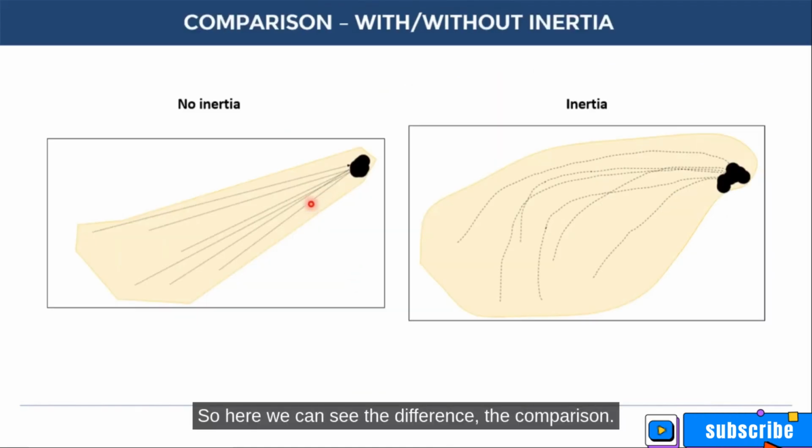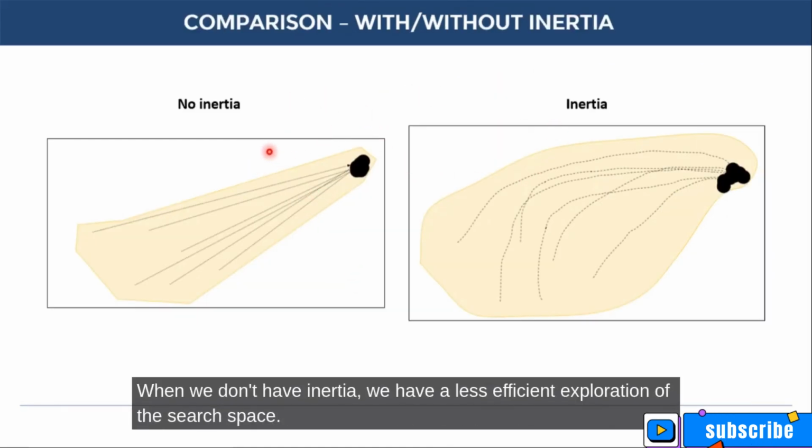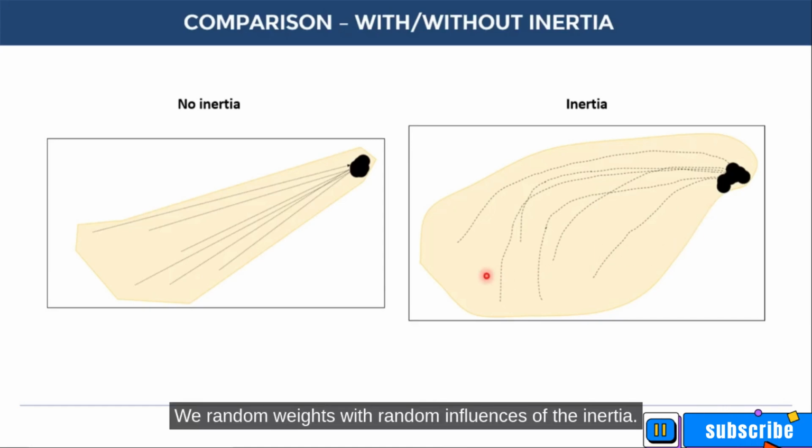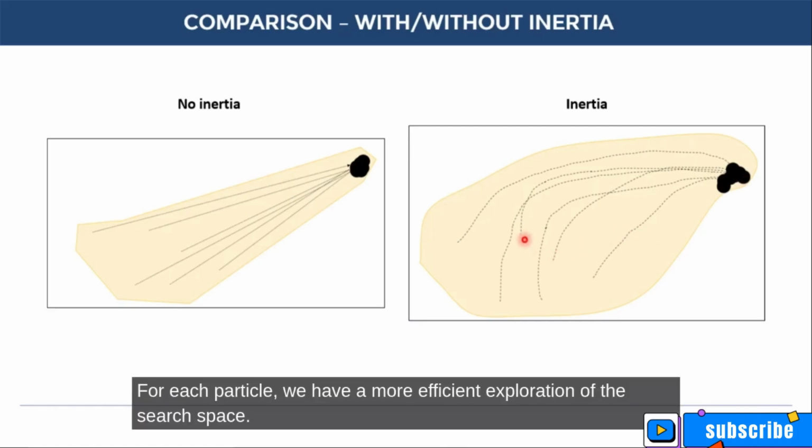So here we can see the comparison. When we don't have inertia, we have a less efficient exploration of the search space. Here with inertia, with random influences of the inertia for each particle, we have a more efficient exploration of the search space.